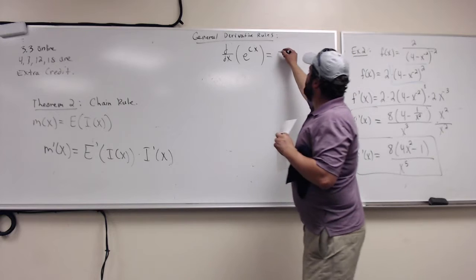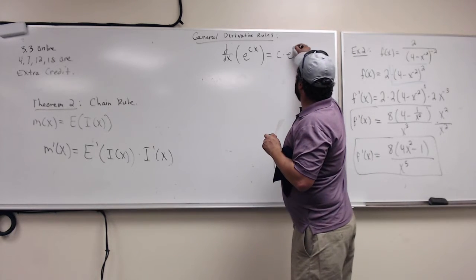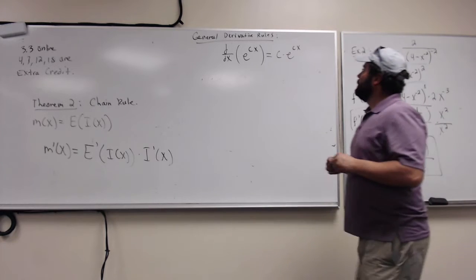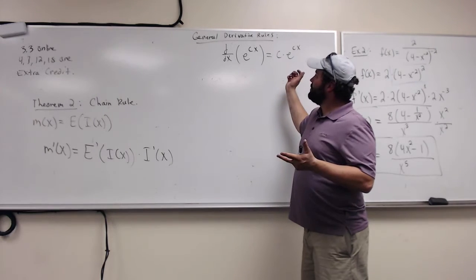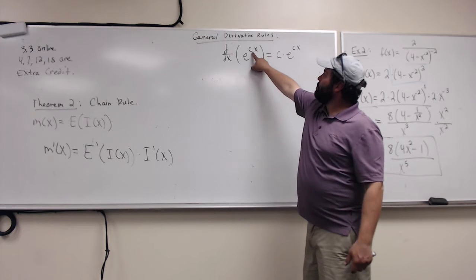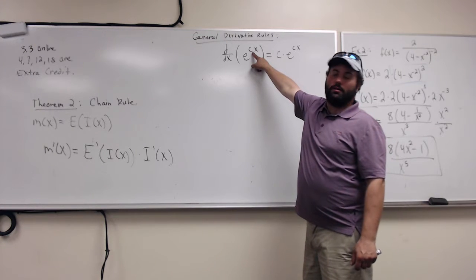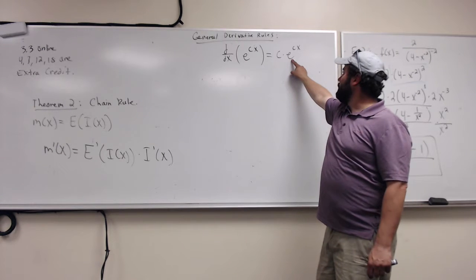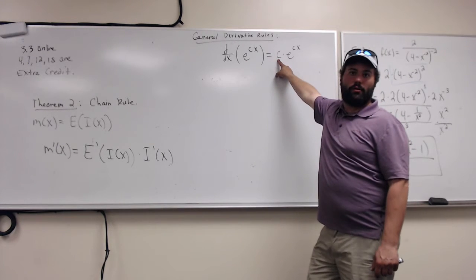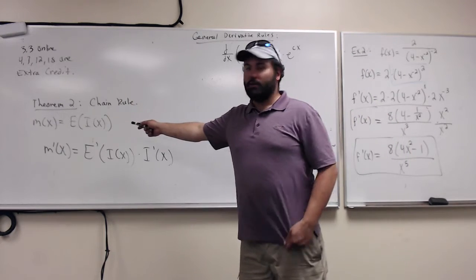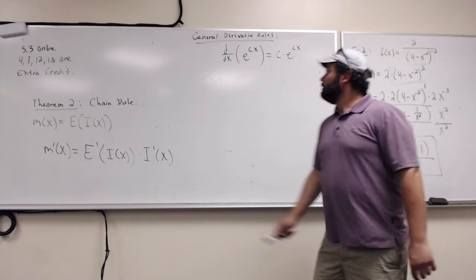I told you the derivative of this was just c times e to the cx. So this is just coming from the chain rule. The exponent is the inside function. The derivative of the outer function is the same thing, and then times the derivative of the exponent, which would just be c. Okay, so that's really a result from the chain rule.